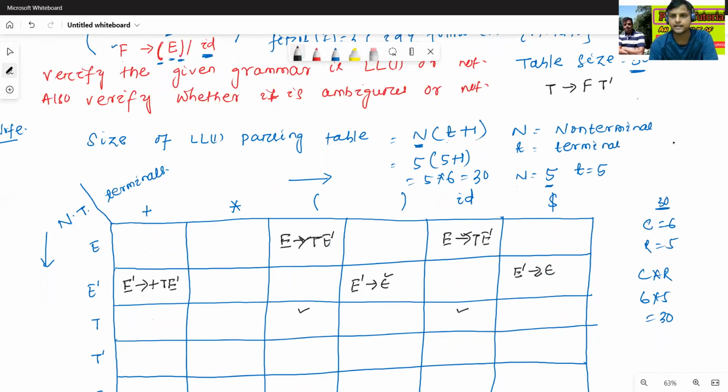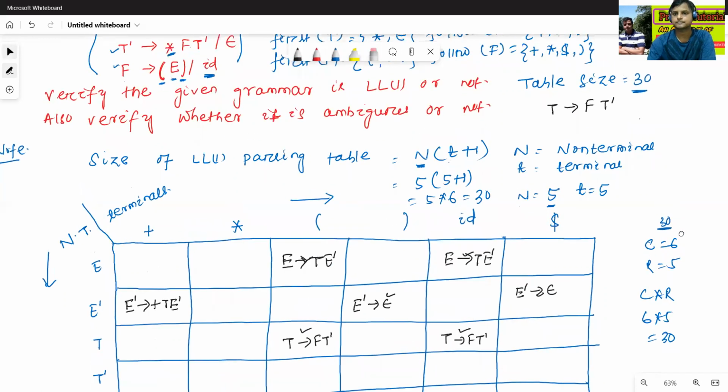So I'll just fill T → F T prime here, under open bracket and ID. Okay, next we'll see the next production.